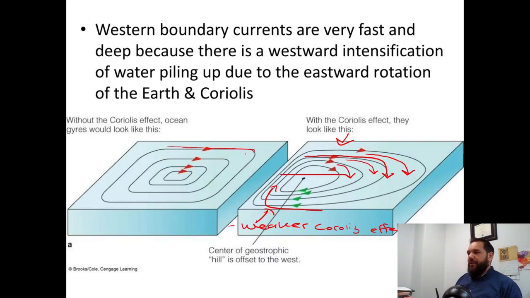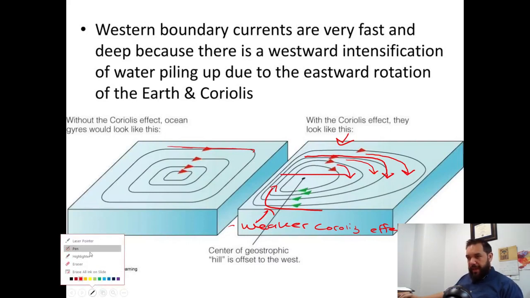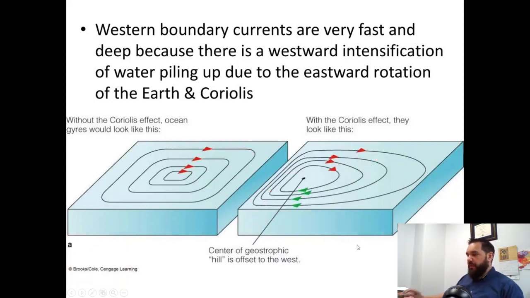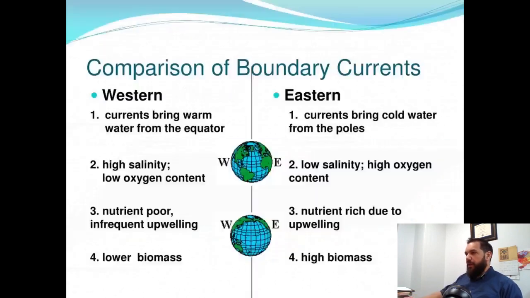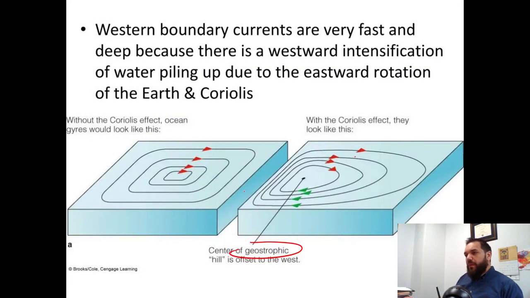Okay. Now another effect that's happening here. Let me erase the thing. It's not only that. It's also something called geostrophic effects. So let me explain a little bit about what I mean by geostrophic. Remember that the trade winds are blowing in this direction, right? They're blowing along the equator. Now, when you have those trade winds blowing, it creates kind of a hill of water on the western side of the gyres.